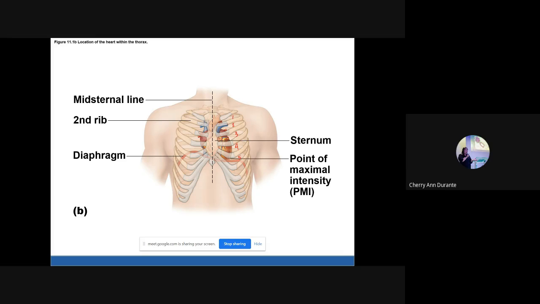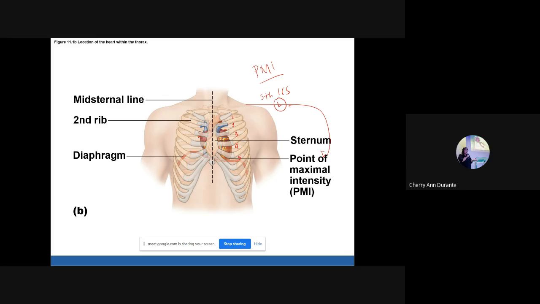So, in the fifth intercostal space, fifth ICS, okay? Fifth intercostal space on the left side, because it's here on the left side, you will hear your point of maximal impulse. Or ito yung PMI.